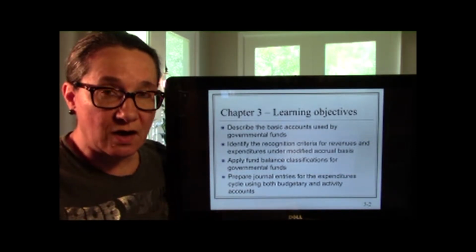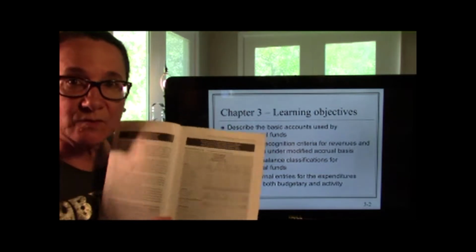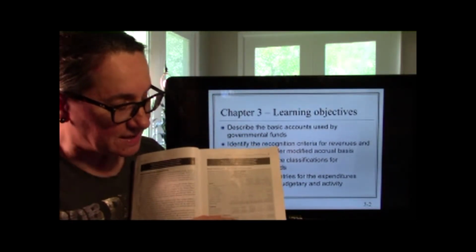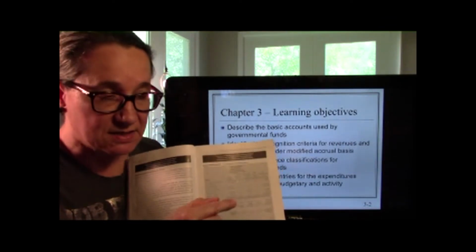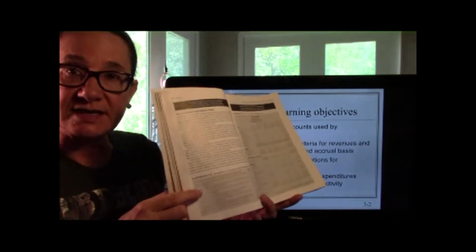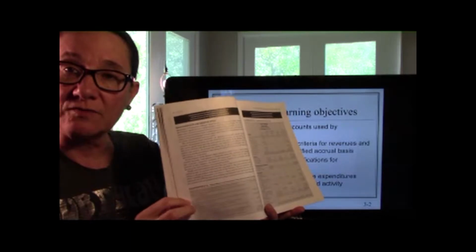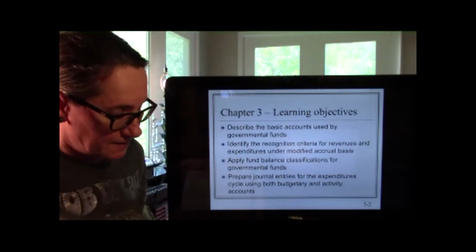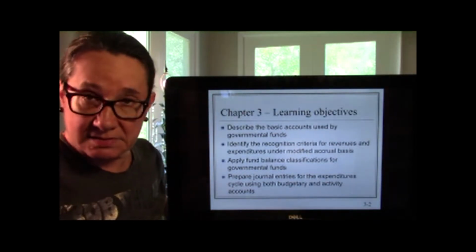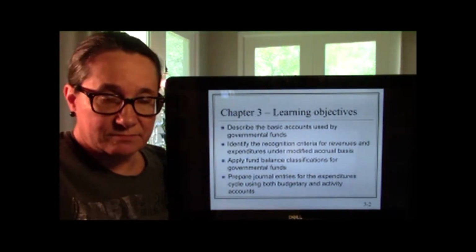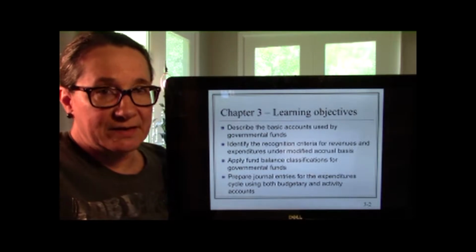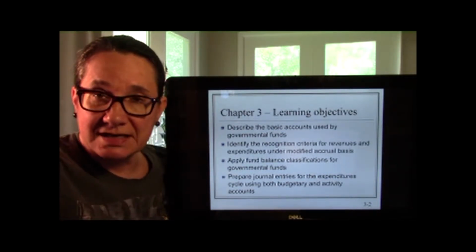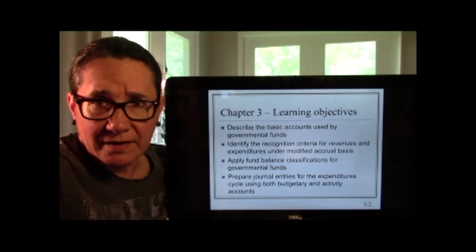So you may recall that when we looked at the fund statements for governmental funds, we had to do the little reconciliation so that when we brought over these numbers to the government-wide statements, they would match, because government-wide statements and proprietary funds, they're done using accrual basis, just kind of the same way we do in regular old accounting.